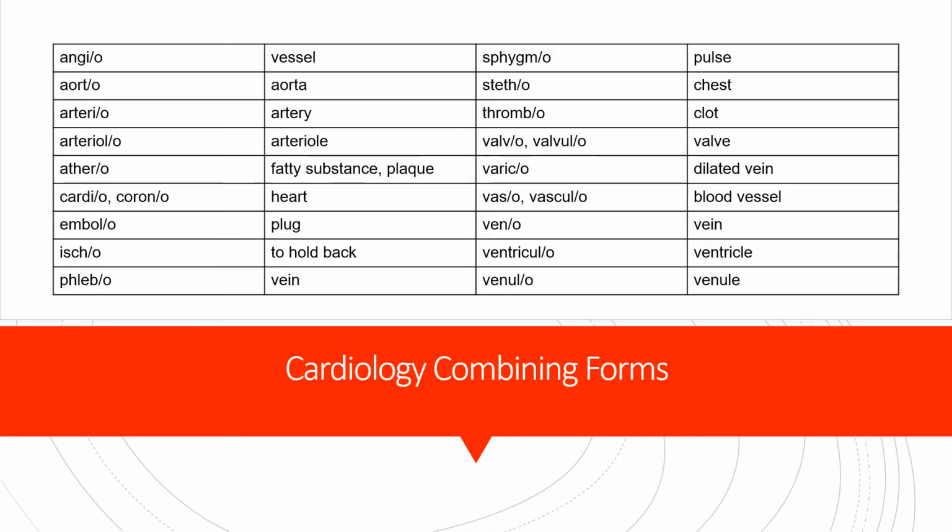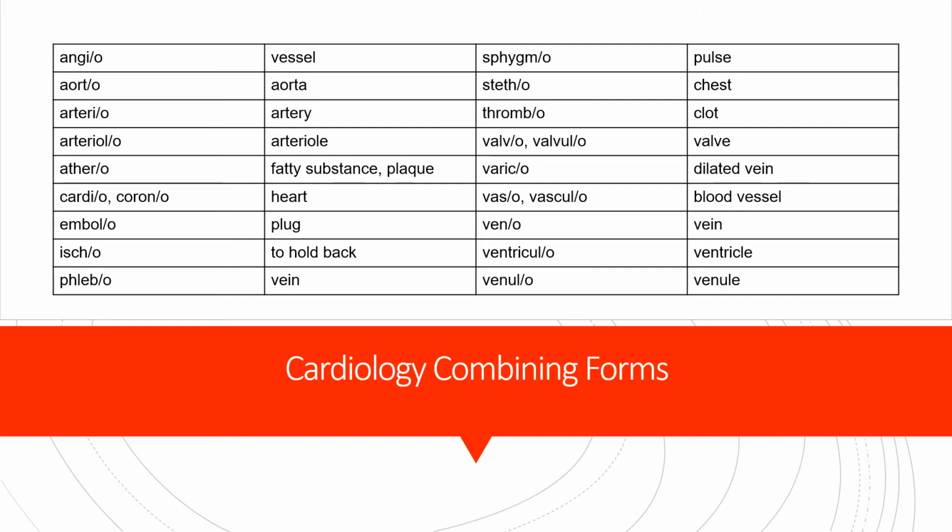Here are some cardiology combining forms. Angio refers to a type of vessel, and aorto refers to the aorta. Arterio refers to arteries. Arteriolo refers to arterioles. Athero refers to a fatty substance or a plaque. Cardio, coronaro, heart. Embolo, a plug. Isch, to hold back.